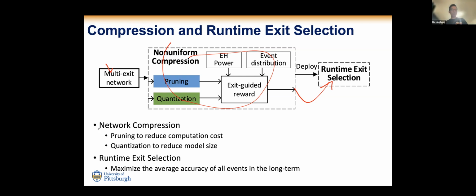Okay, and for the network compression, we adopt both pruning and quantization. And during the runtime, the exit selection algorithm is trying to maximize the average accuracy of all events in the long term. So let's look at them one by one.